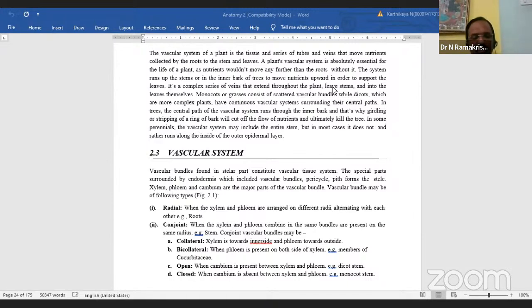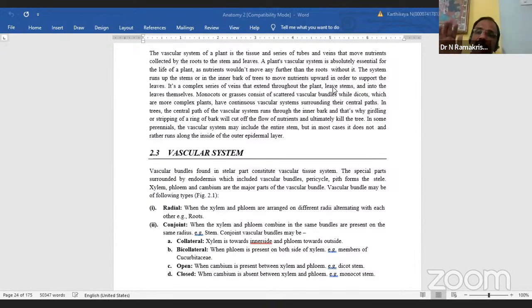Always the vascular bundles are found only in the center part of the stem. Sometimes they are found beyond the center, entering the cortex. Sometimes you see them in the cortex also. Generally, the vascular bundles are in the center part. This is a common point.